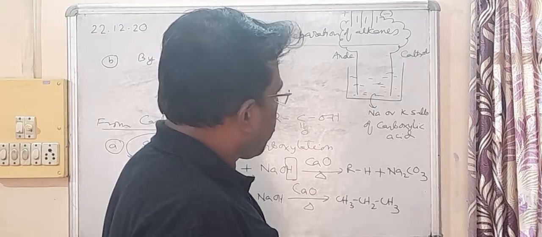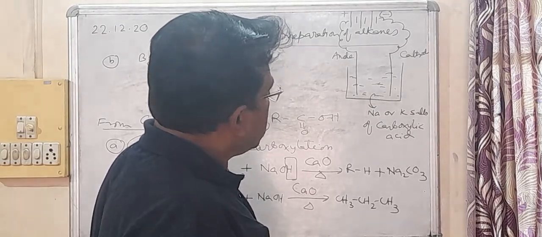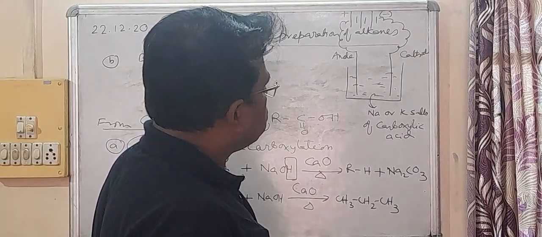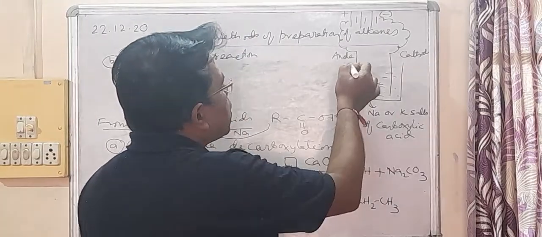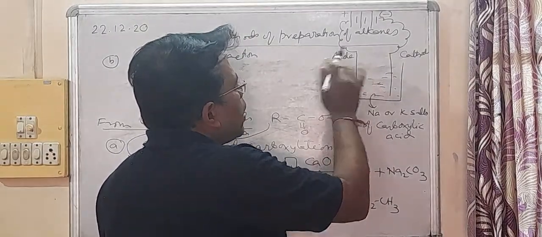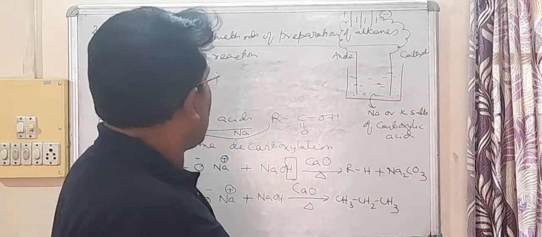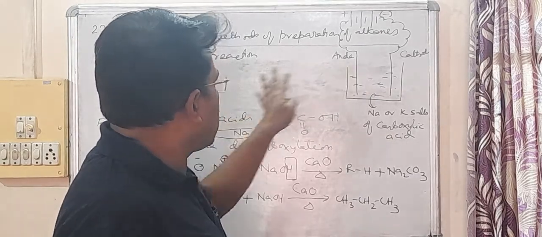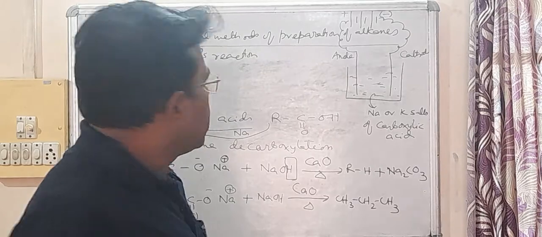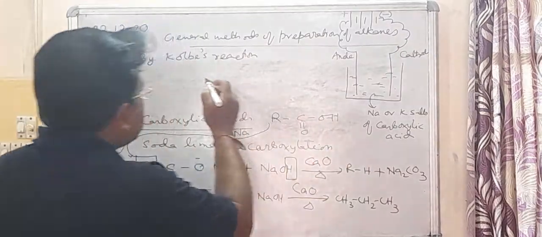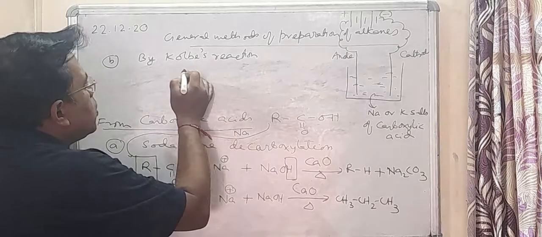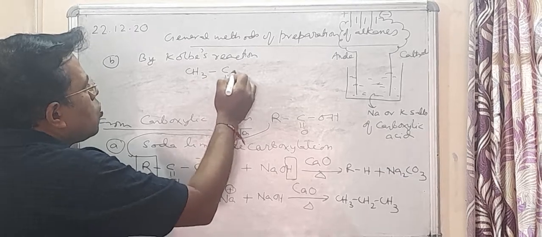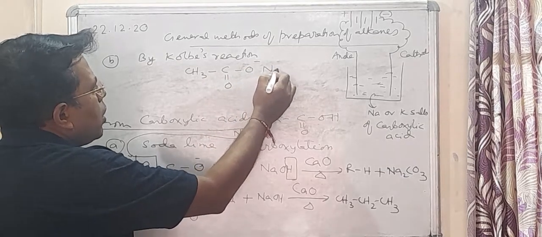And where will we get the alkane? We will get the alkane at anode. How we get the alkane at the anode, I am showing you by taking an example. Suppose we take here this one, CH3COO- Na+.